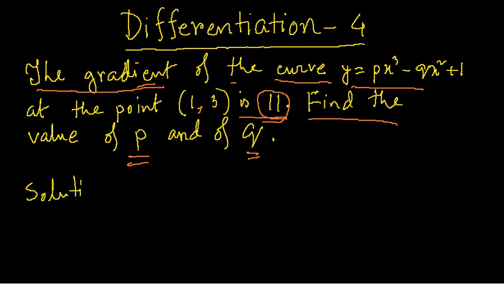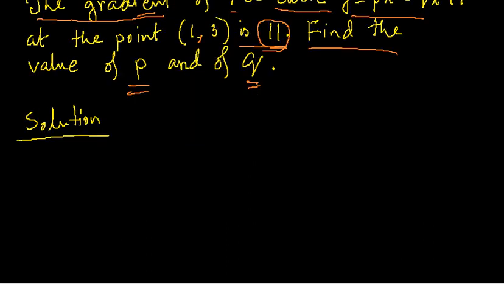The solution process is: first we will copy the question that is given, y equals px cube minus qx square plus 1, which is the equation of the curve. To find the gradient, we will differentiate this equation on both sides with respect to x.